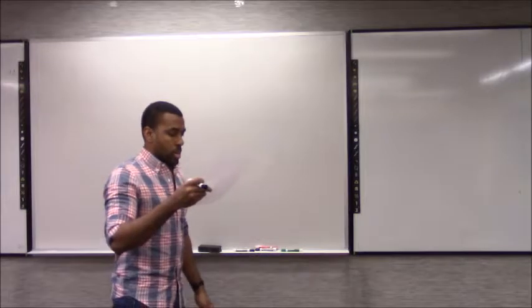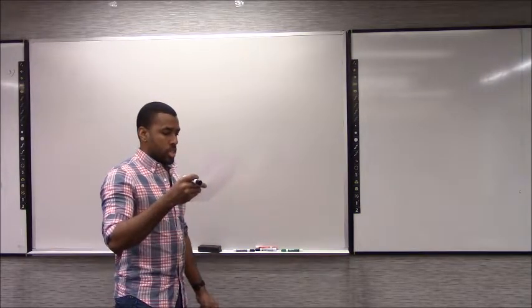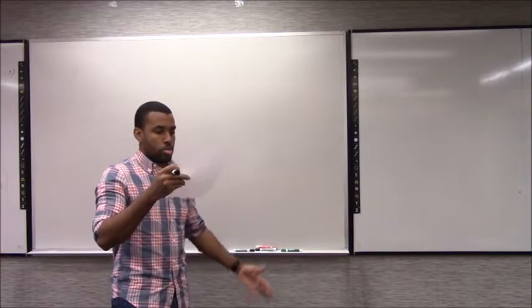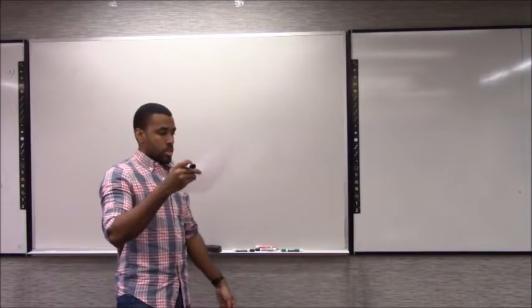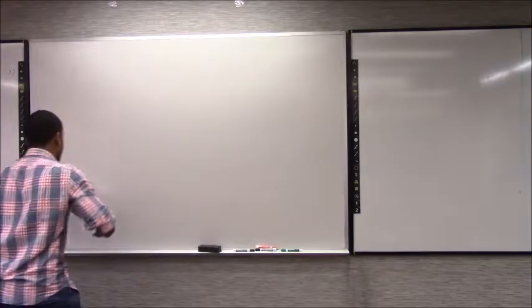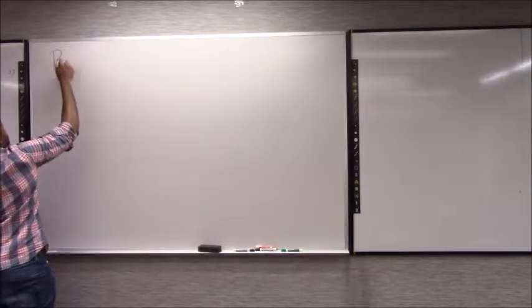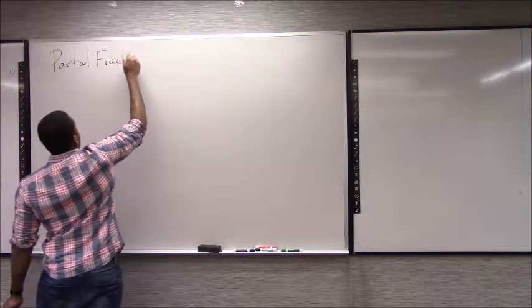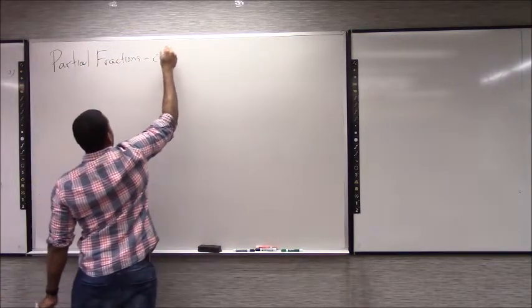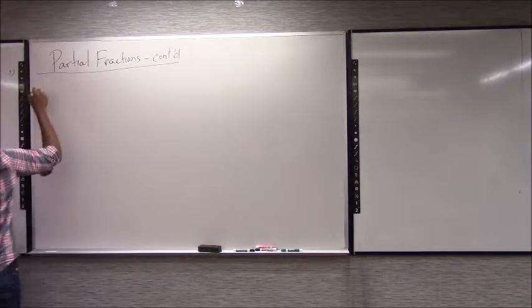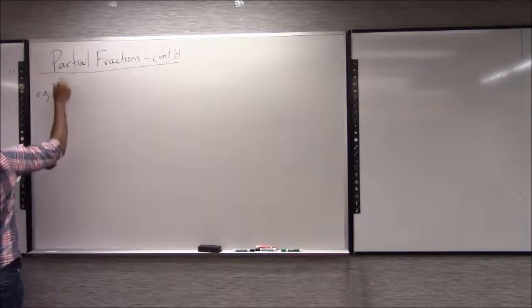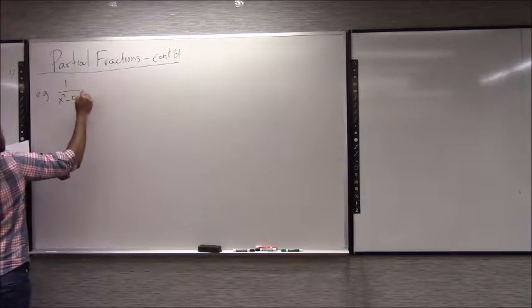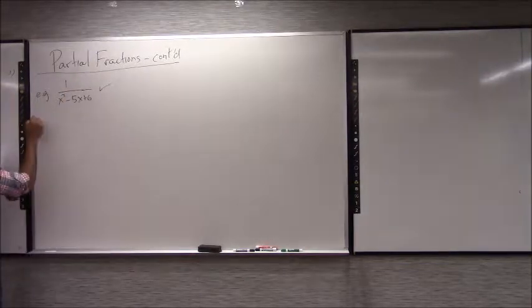So I believe 1 over x squared minus 5x plus 6 we actually did, as well as the 5x squared plus 20x plus 6 over x cubed plus 2x squared plus x. I believe we did this, right?